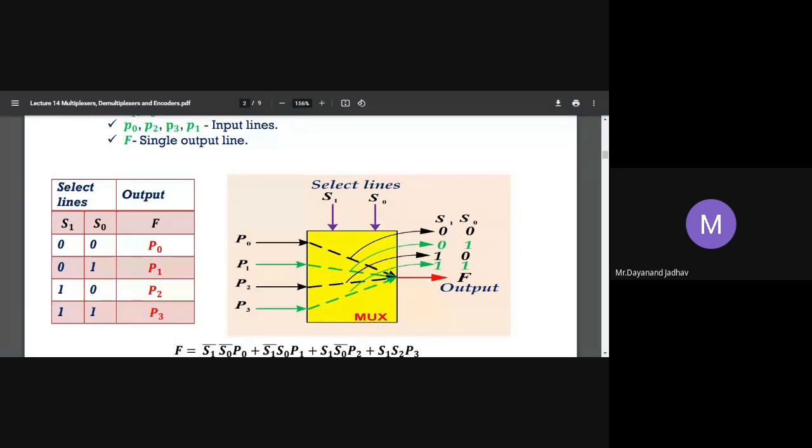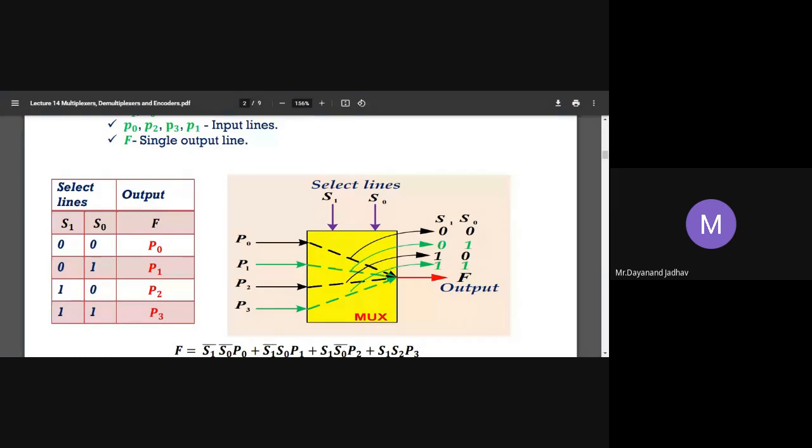If S1 is equal to 0 and S0 is equal to 1, then P1 is considered in the output. If S1 is equal to 1 and S0 is equal to 0, then P2 is selected in the output. This is because the binary for 0 is 0 0, for 1 is 0 1, for 2 is 1 0, and for 3 is 1 1.